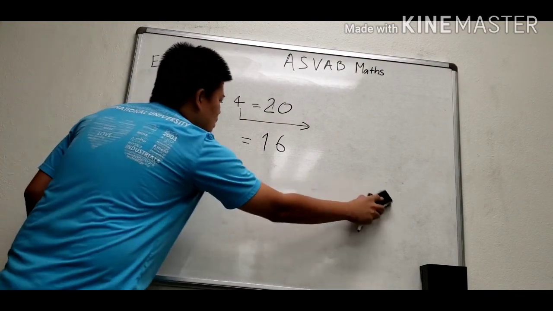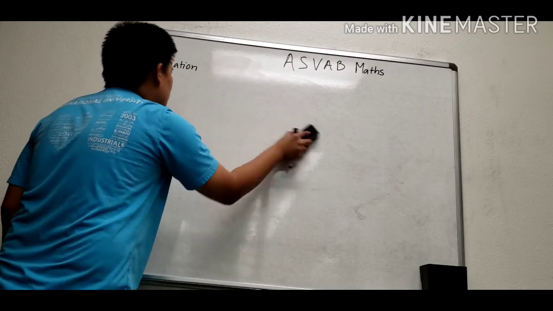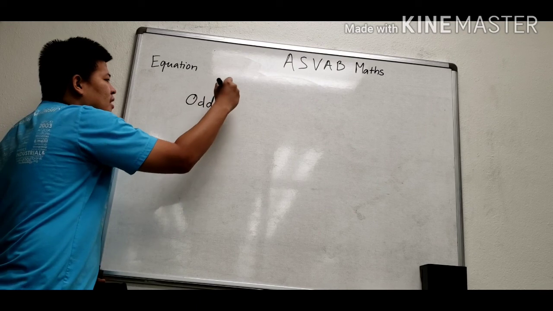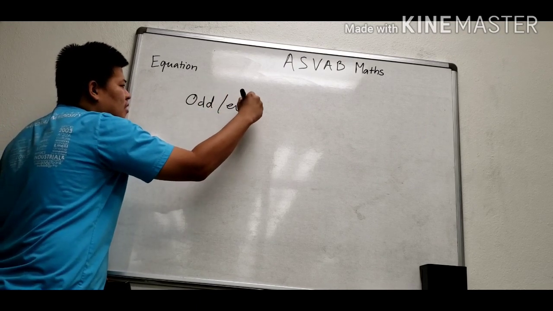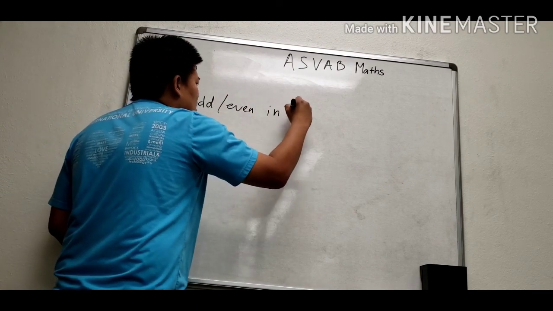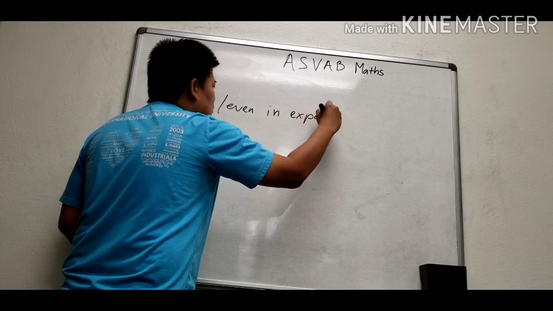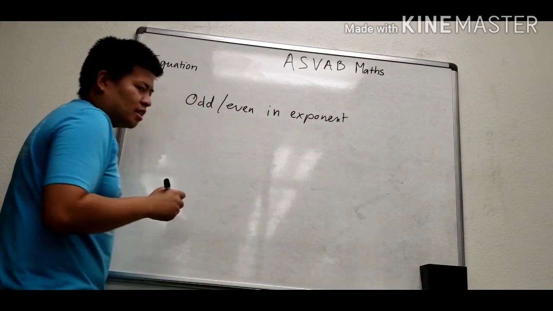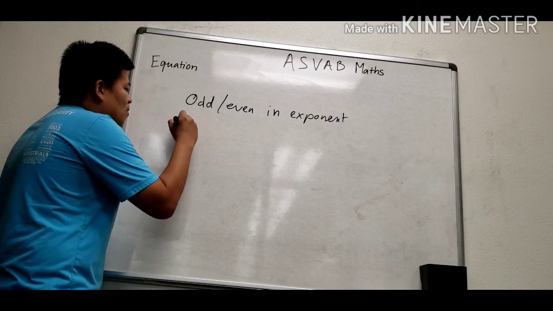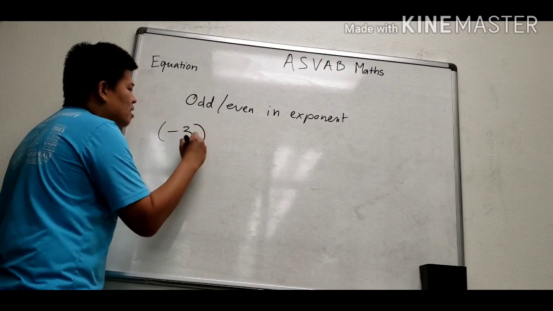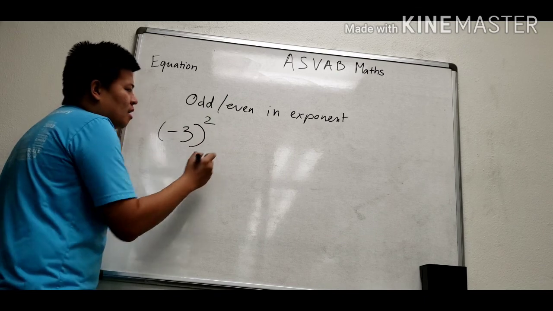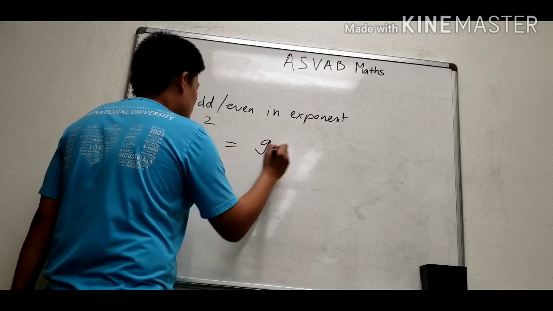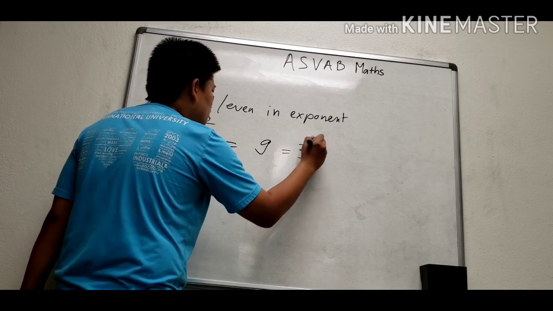So the next one I will show is about odd and even in exponent. This means that if we have minus 3 in the power 2, then we become 9, or there will be 9 for 3 power 2.